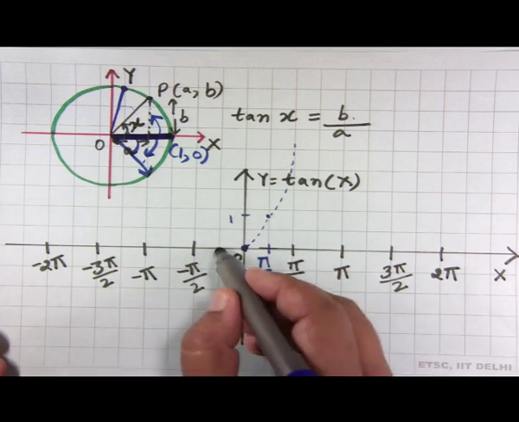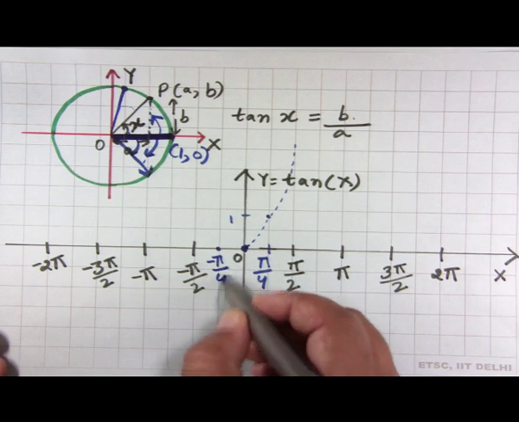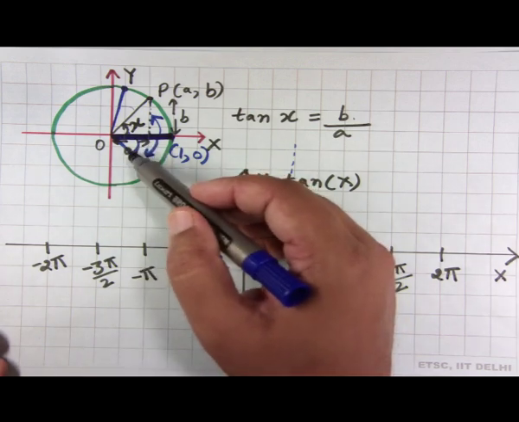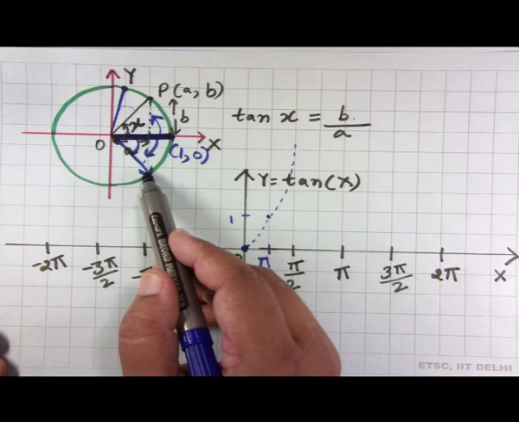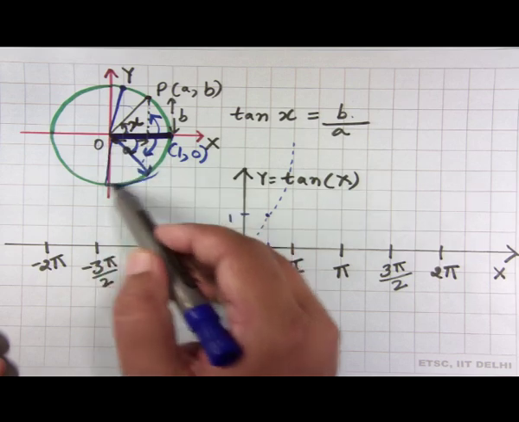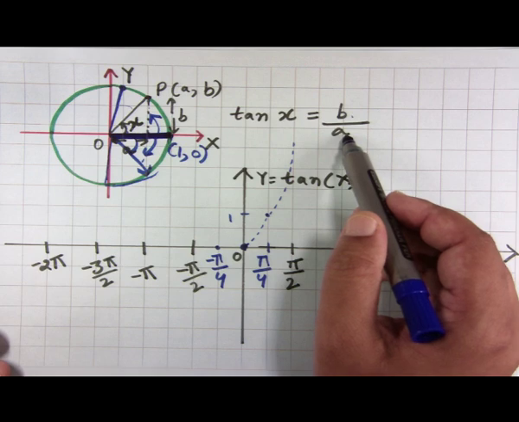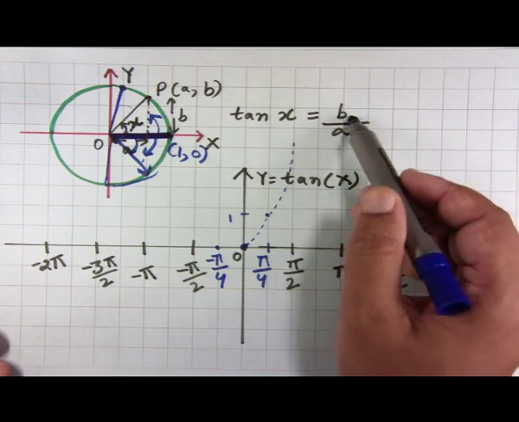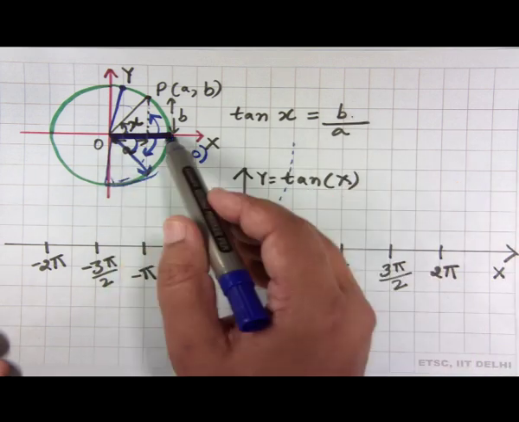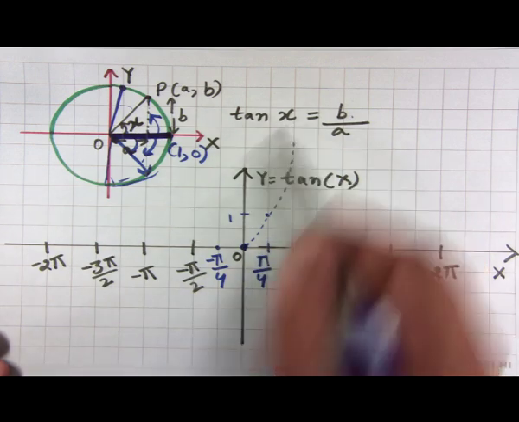That corresponds to x equal to minus pi by 4 on this graph. But on this side, in the fourth quadrant, the x coordinate A will still be positive, but the y coordinate is going to become negative. Therefore, in this quadrant, the value of tangent of x will be negative.